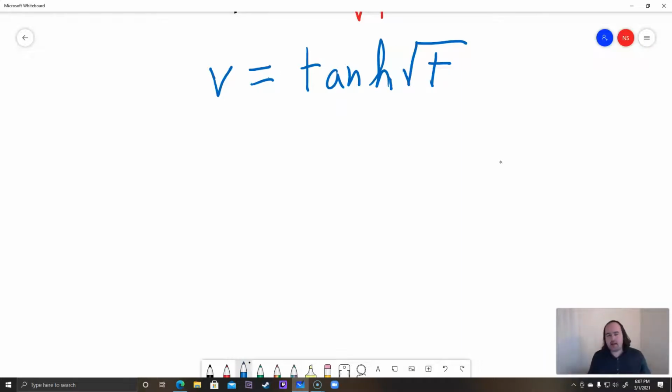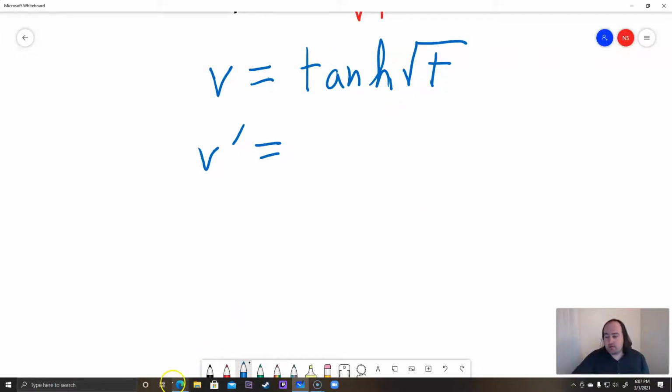So v prime is going to be the derivative of that. But this is actually a composite function, so it's got an inner function and an outer function. So our v prime is going to be the derivative of the outer function, which is tanh, inner left alone. So for that, what is the derivative of tanh?